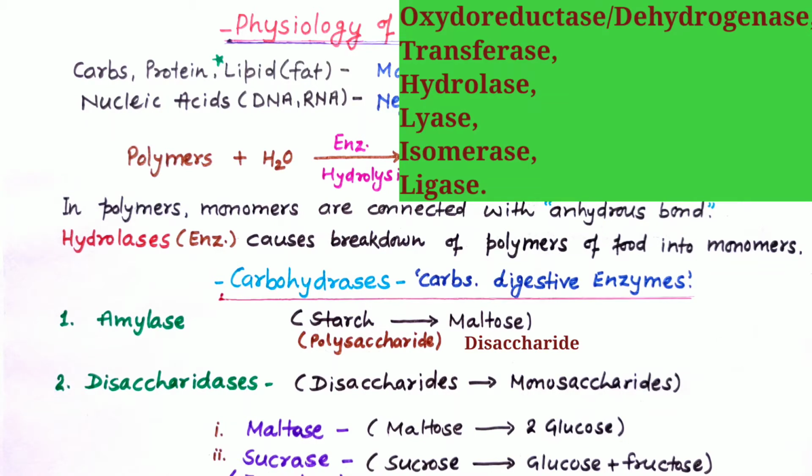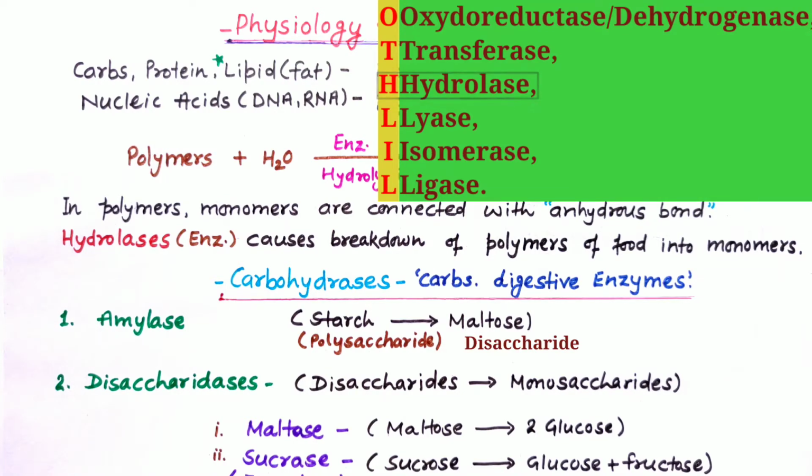So the sequence is OTH LIL. Again, OTH-LIL: oxidoreductase or dehydrogenase, transferases, hydrolases, lyases, isomerases, and ligases.